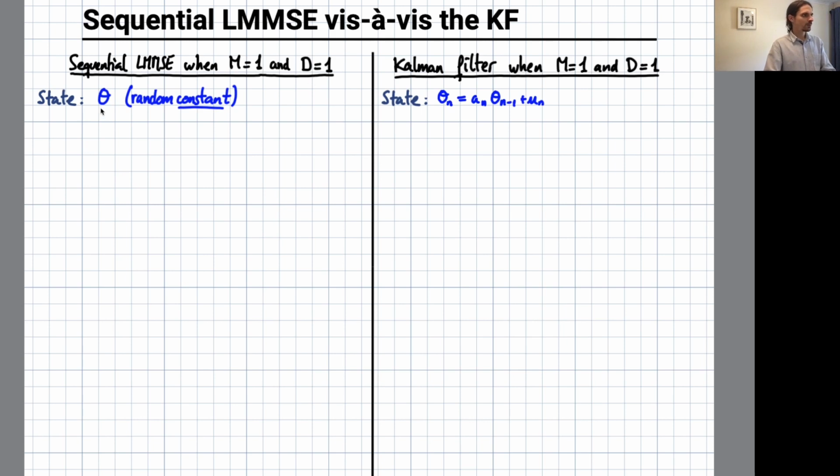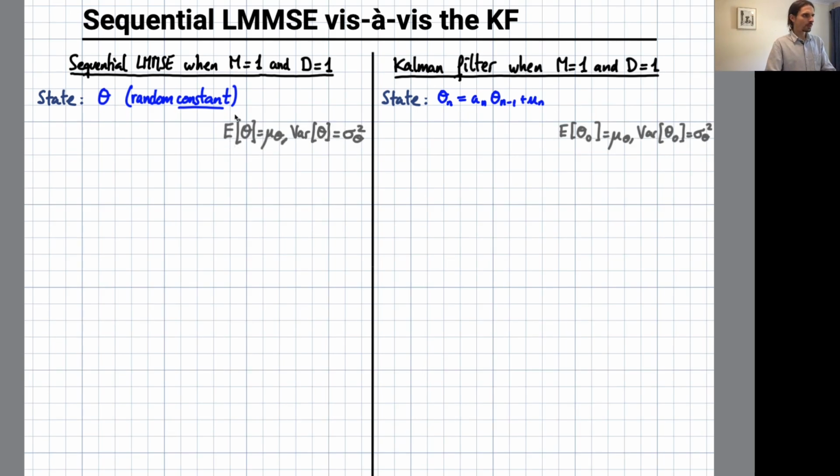In the LMMSE estimation framework, the parameter was a random variable, but it was constant over time, right? In contrast, for the Kalman filter, this is allowed to change over time, and we capture the temporal evolution by means of a state space model.